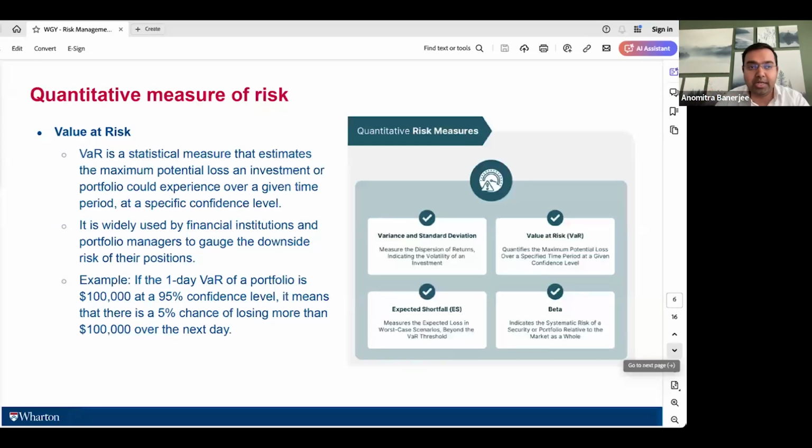So that's another way you can quantitatively measure risk: can I take the risk of losing $100,000 over the next day? If you can't, you go back and rejig your portfolio so that the VAR is quite different from what it is now, right?